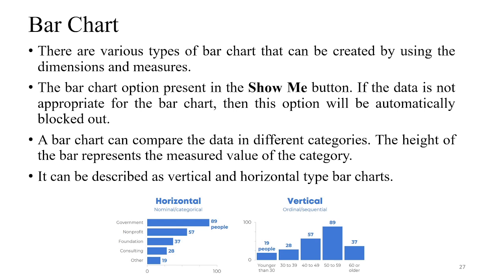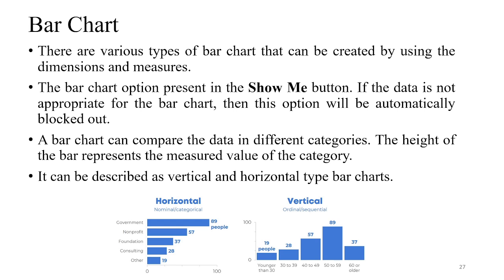When we create a bar chart, we have to use a dimension and measures, meaning x and y axis. We first select the dimension and measures, then go to the Show Me option and click the bar chart option, and it will automatically display the bar graph on our worksheet.